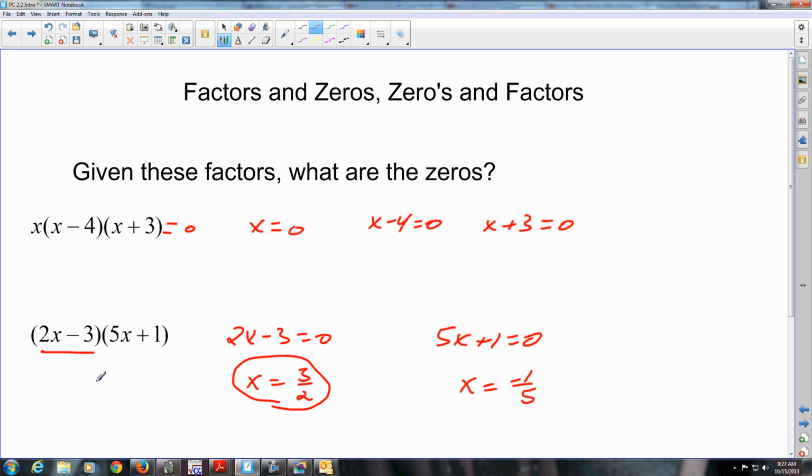The denominator is the coefficient, and this is the number in the back. And notice it's positive, but it's negative. Look at this one. Minus 1, it came as positive 1. 5 comes in front. So any number in the denominator is a coefficient. Any number in the numerator is read opposite of what's here.